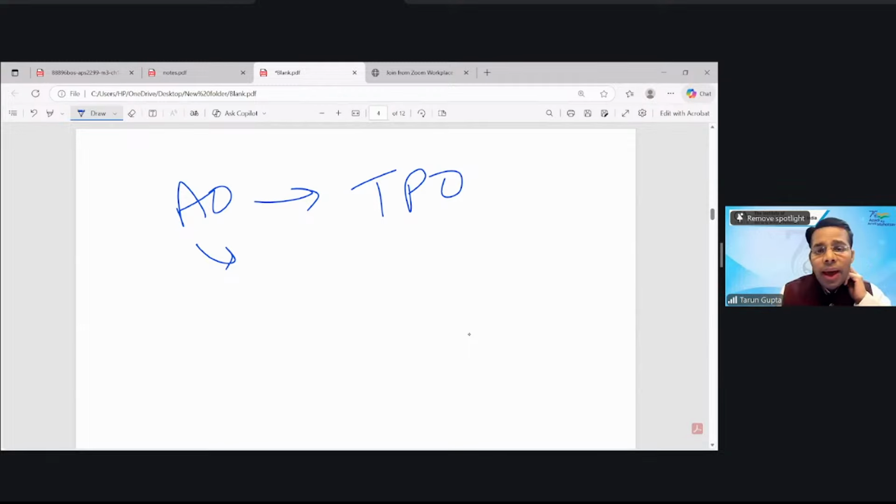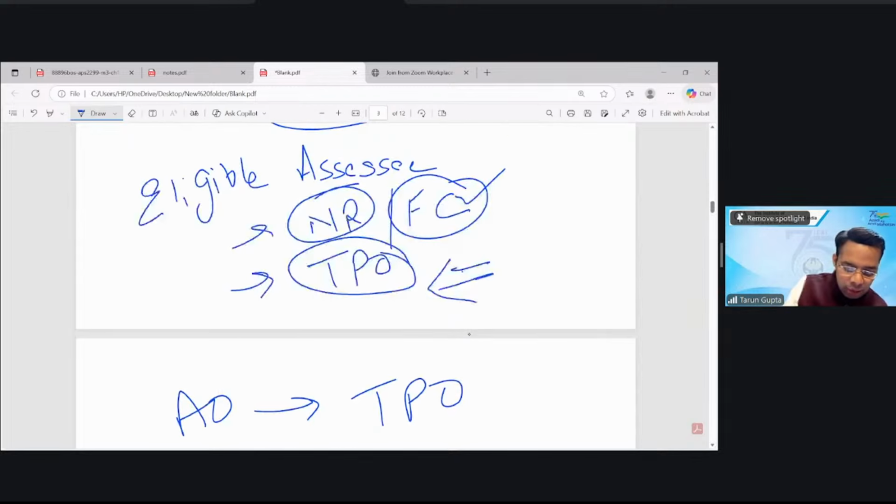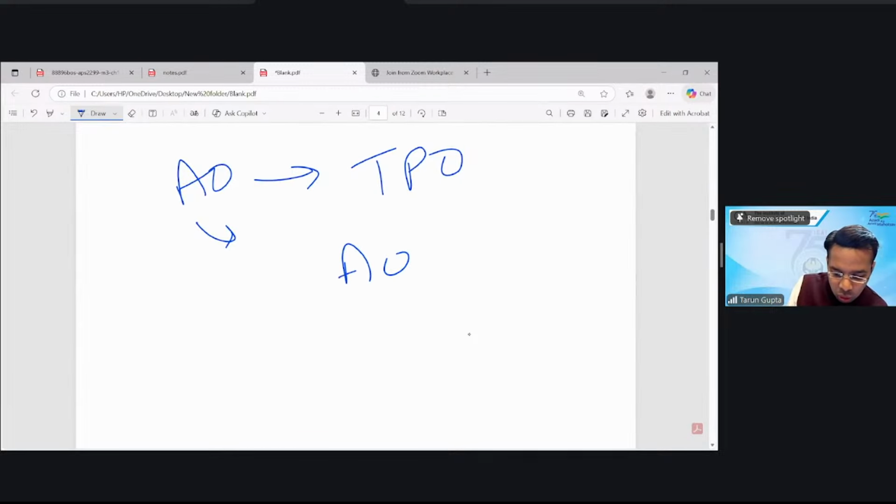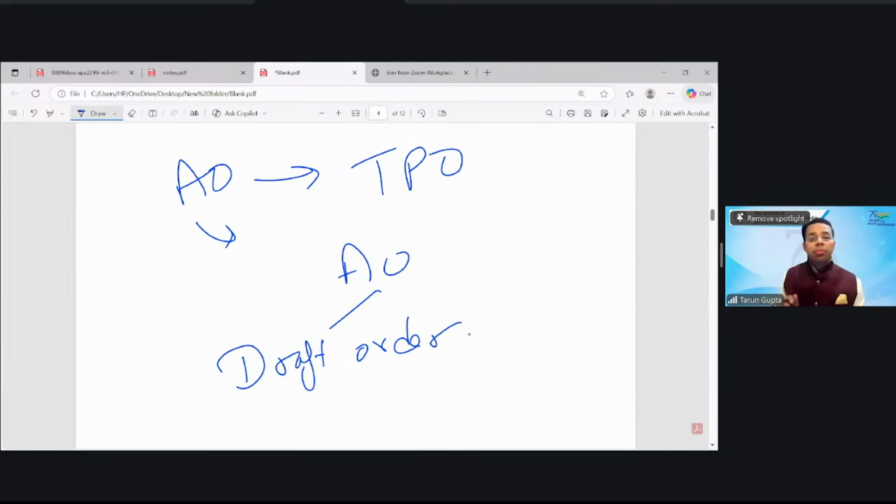So the process is that DRP is an extension of assessment only. It's not in the form of an appeal. What the law says is that in case of an eligible assessee, these two types of assessee, it is mandatory for the AO to pass a draft order. The AO will not pass the final assessment order.